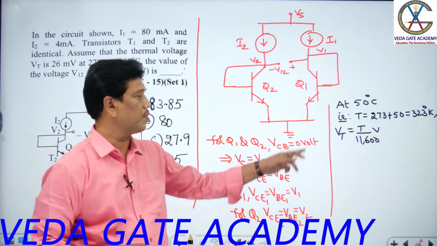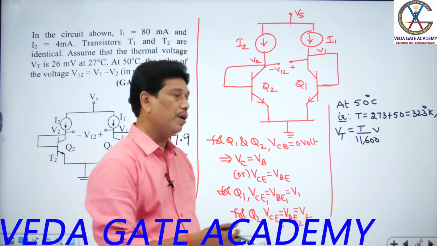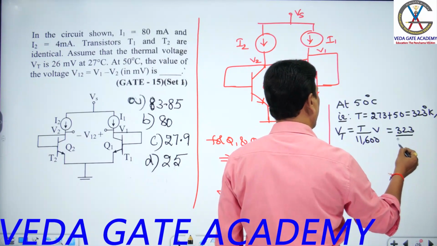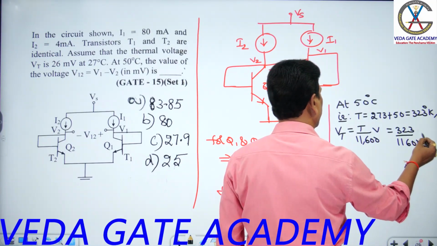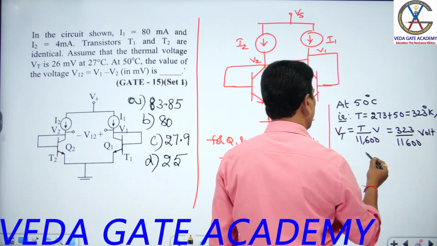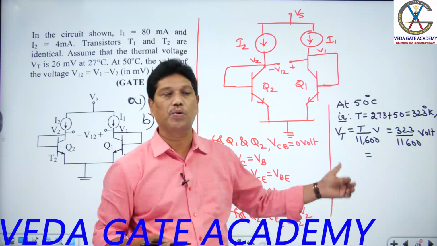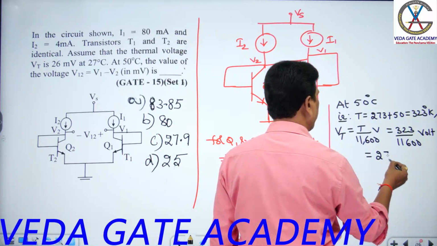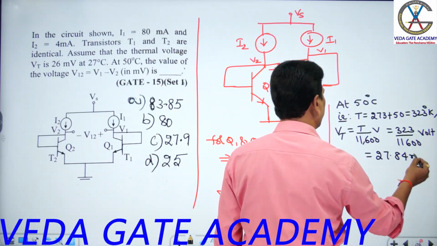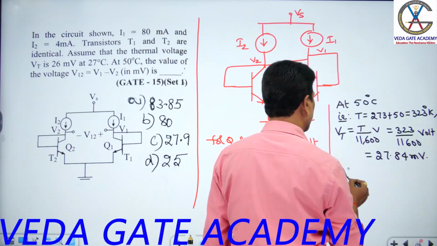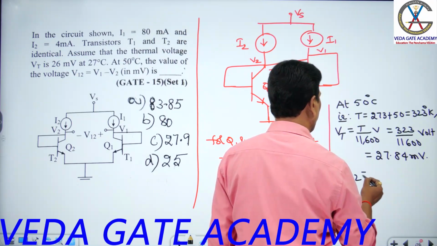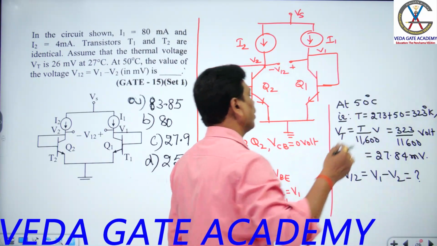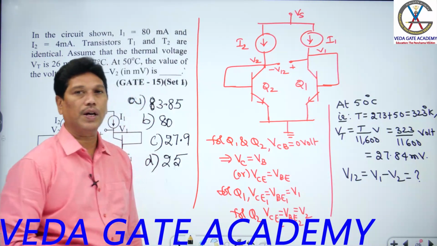T equal to 323, so 323 by 11,600 volts. If I calculate this, I get the thermal voltage equal to 27.84 millivolt. He is asking for V12 equal to V1 minus V2, sir.